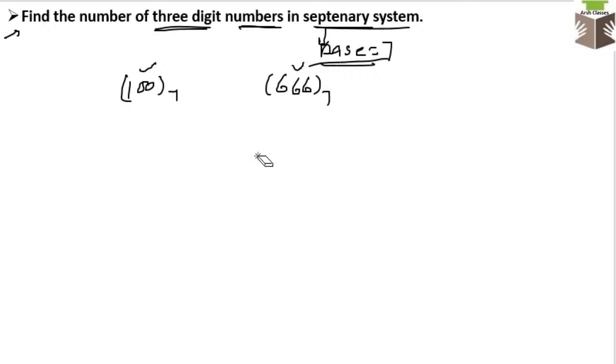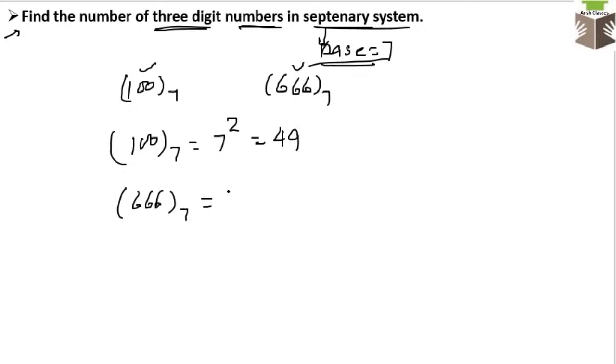So let's see what you will get here. 100 in base 7, as I told you in the previous slide, becomes 7 squared, which is 49. And 666 in base 7 becomes 7 raised to the power 3 minus 1, which is 343 minus 1, that is 342.